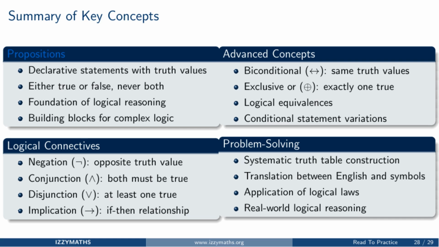Logical connectives include negation for opposite truth value, conjunction where both must be true, disjunction where at least one is true, and implication for if-then relationships. Advanced concepts include biconditional for same truth values, exclusive or for exactly one true, logical equivalences, and conditional statement variations.